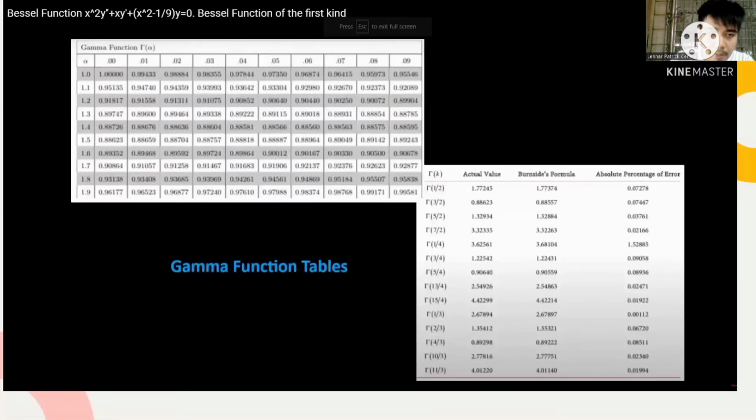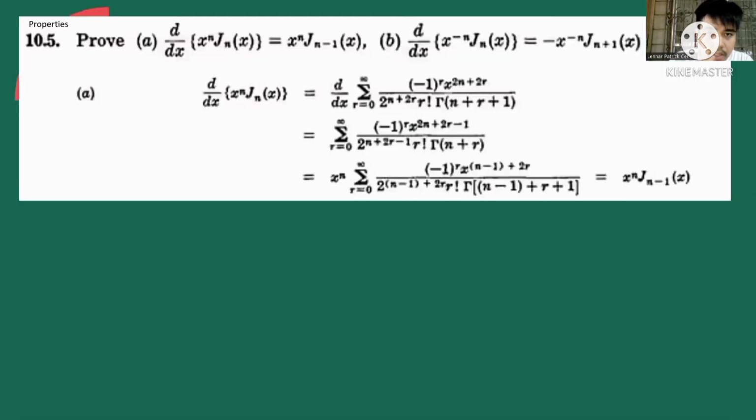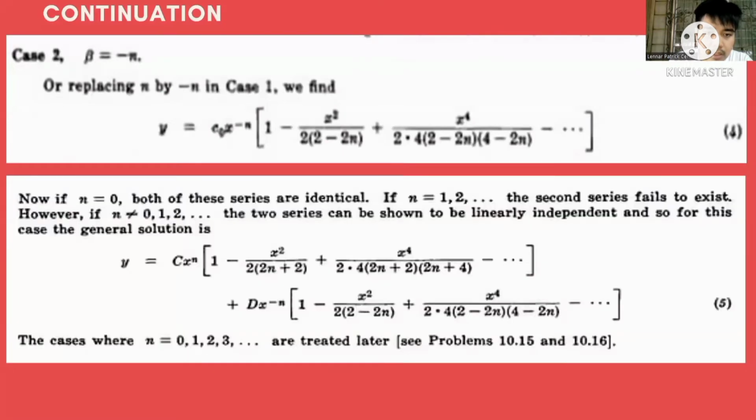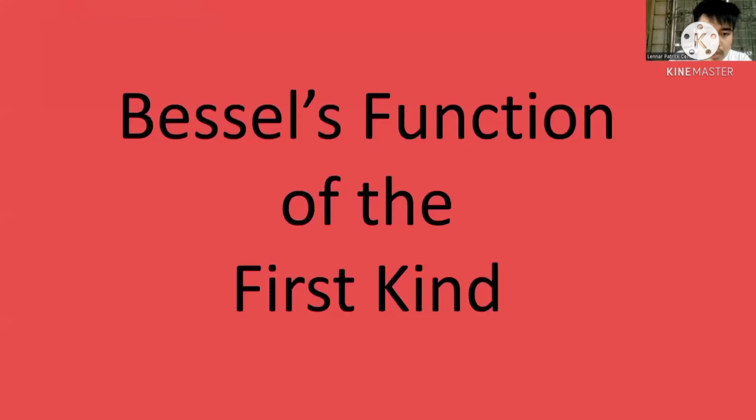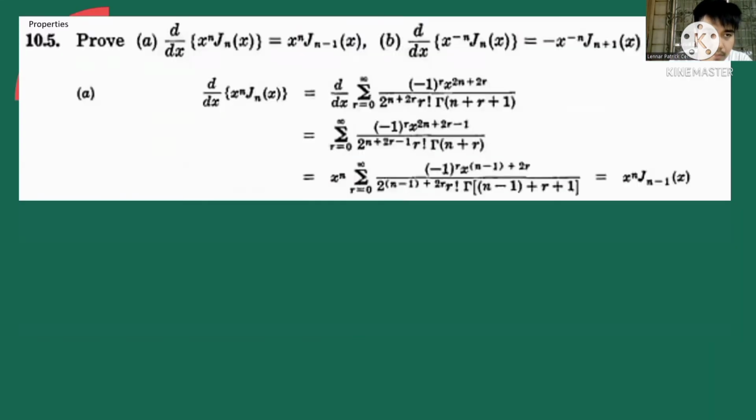Ito yung gamma function table. Next, ipoprove natin yung derivative ng x^n J_n(x). Isa to sa properties ng Bessel function ng first kind. Pinakita dito na kung paano na-solve yung x^n J_(n-1).